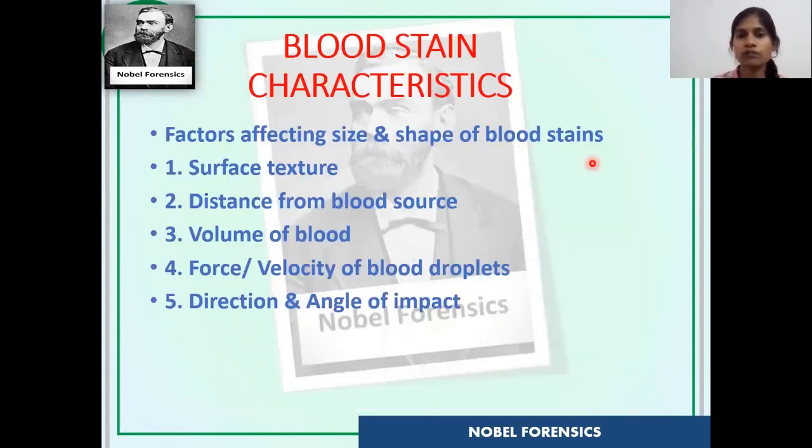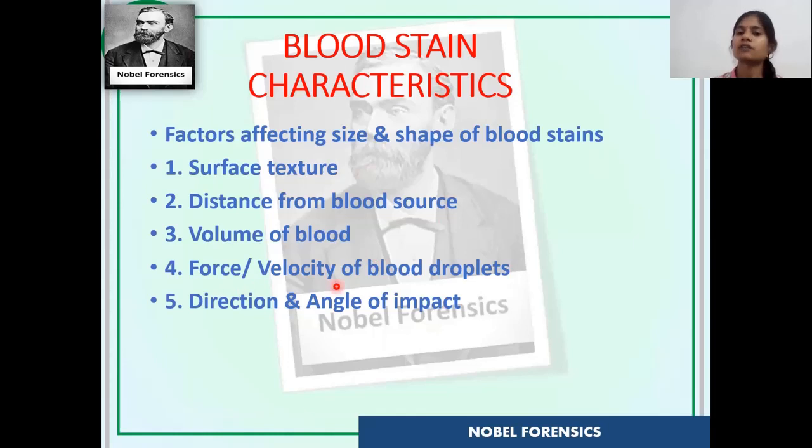So we discussed different factors which influence blood stain patterns. What are the factors we discussed? Surface texture, like harder surface and smoother surface. Harder surfaces versus absorbent surfaces like paper or cotton. Then distance from the blood source, which also influences the blood stain pattern. Then volume of blood, whether a large amount or a small amount.